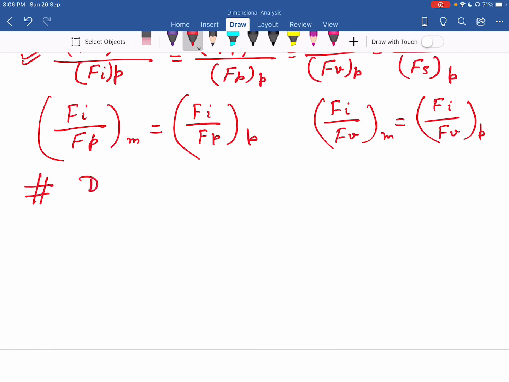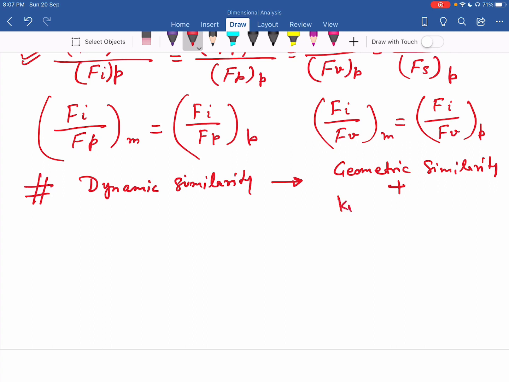Okay. So you can say dynamic similarity will only be there if there is geometric similarity plus kinematic similarity. Okay. Now this is because without the geometric similarity, the ratios of velocities, acceleration, etc., at homologous points cannot be seen.